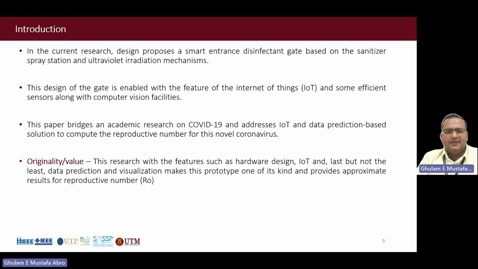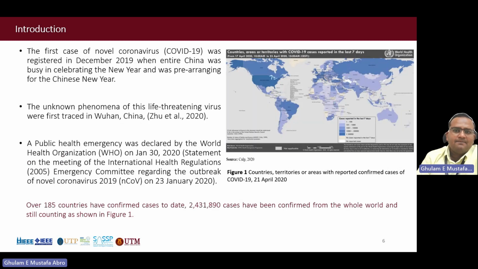So in this particular work, we came up with the idea, and the originality of this work was the hardware design itself, entirely equipped with IoT, and it was computing or predicting the upcoming situation for COVID-19. So these are some statistics up till 21st April.